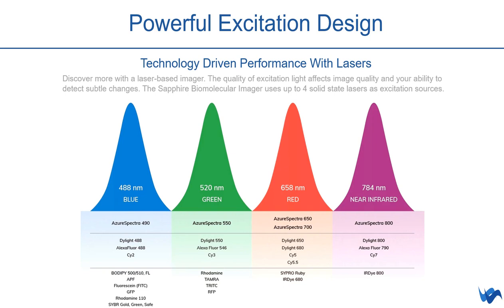If you are doing research more with RGB applications, then maybe an RGB-only version is interesting for you. Or if you are coming from the Western blot field and are doing just near-infrared Western blot, then maybe a Sapphire with these 2 near-infrared lasers is interesting for you, for the 700 and 800 channel.